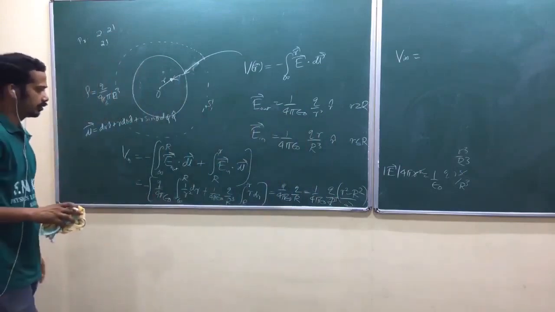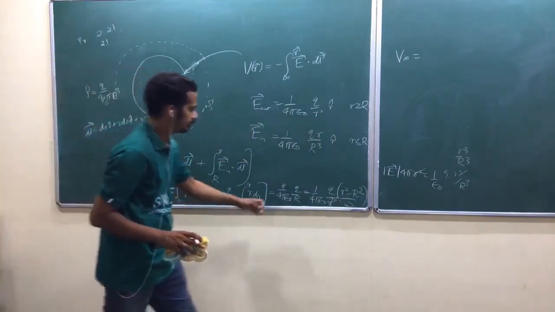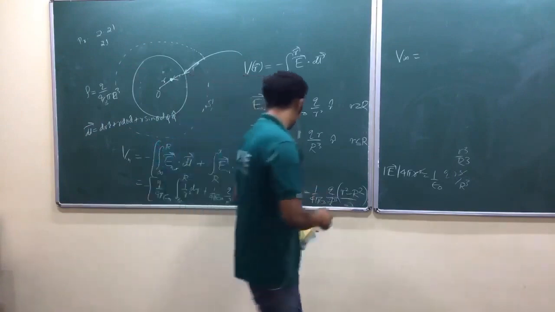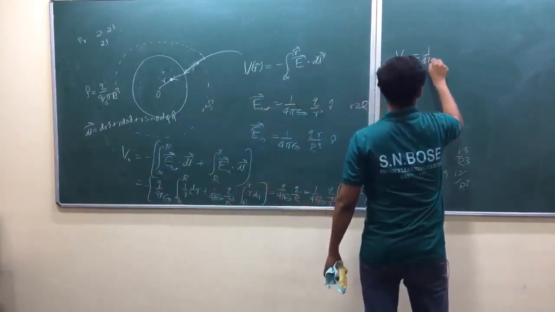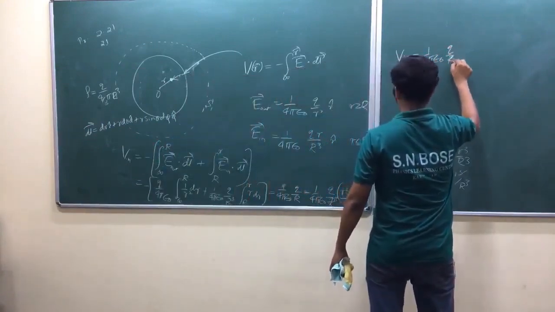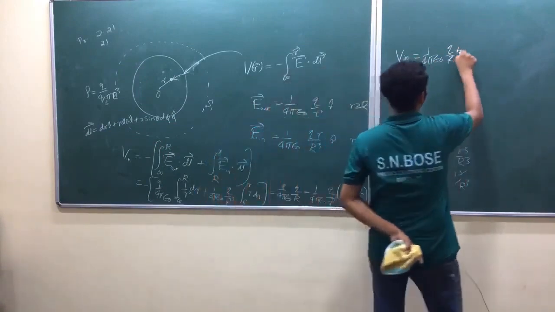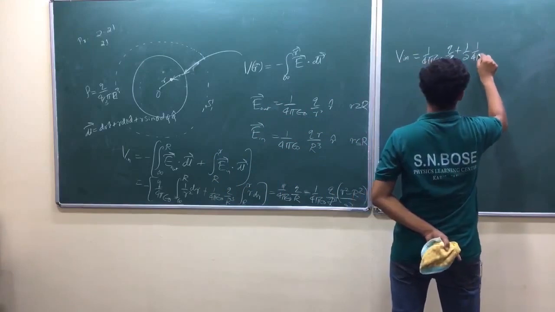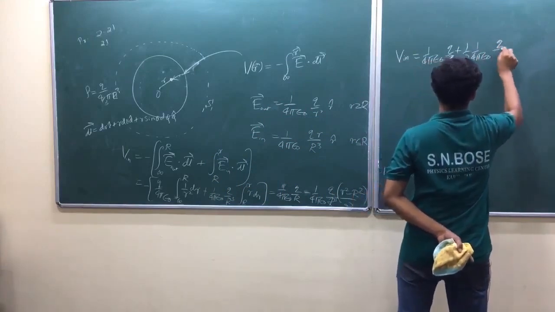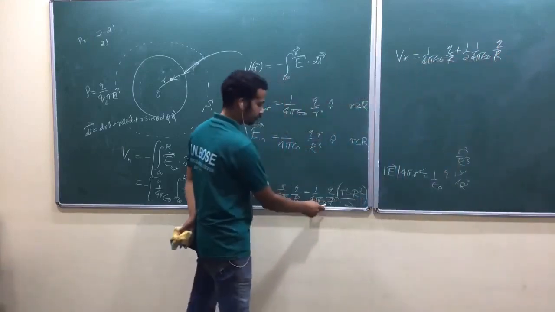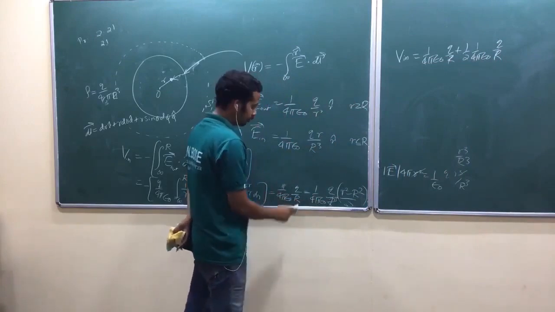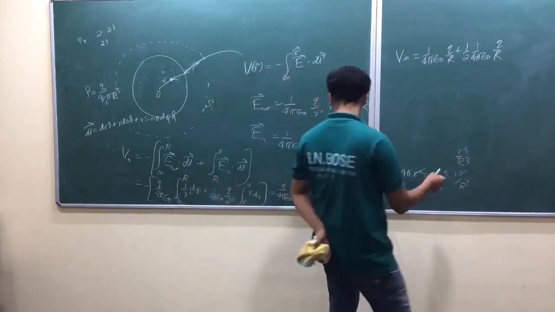Somewhere you can simplify, am I right? This one, half of this one, look at here. 1 by 4 pi epsilon naught q by capital R minus of minus plus 1 by 2, 1 by 4 pi epsilon naught Q by R. Look at here, R square, R cube. Minus minus plus, isn't it?